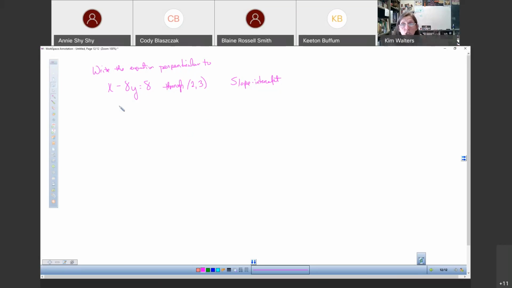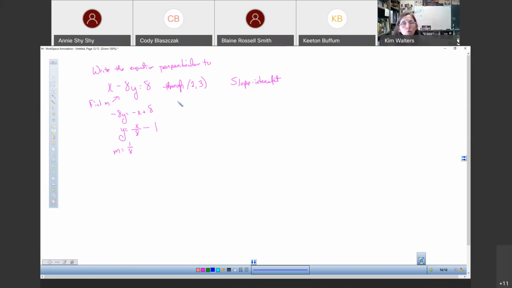So we need to find m for this line. We're going to solve this for y. We start with negative 8y is equal to negative x plus 8. So we subtract x from both sides and divide everything by negative 8. That's going to give me positive x over 8 minus 1. So the slope for this line is 1/8.